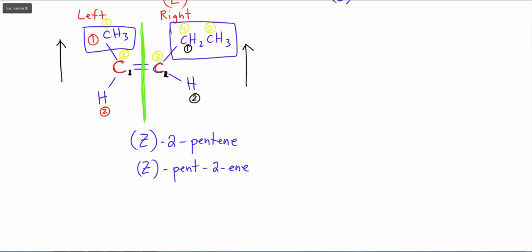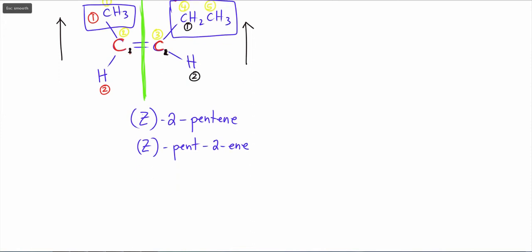There are cases where cis trans is not reliable, and you will get an ambiguous notation. So Z does not always refer to cis, and E does not always refer to trans. Just keep that in mind, okay?